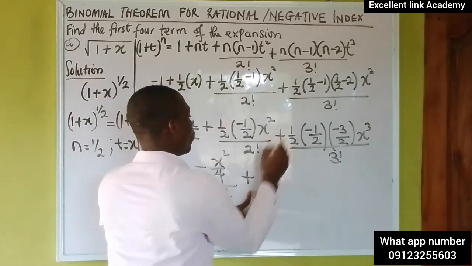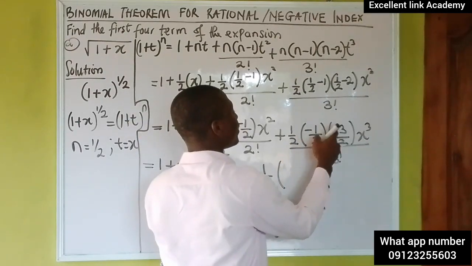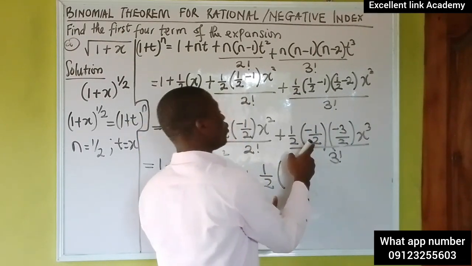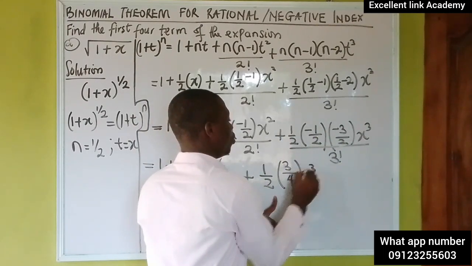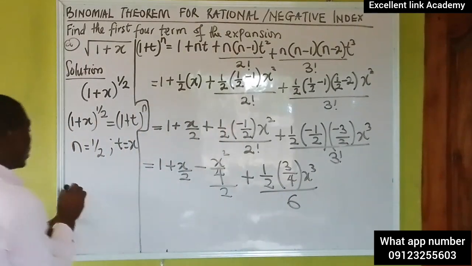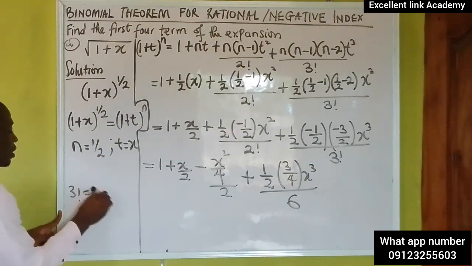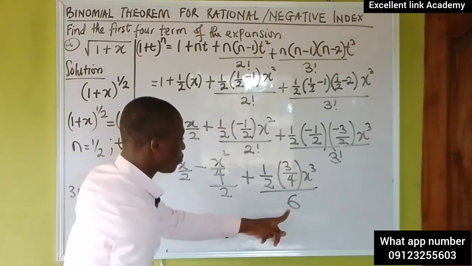Plus 1 over 2 into minus 1 times minus 3 becomes 3. 2 times 2 becomes 4. That becomes 3 over 4 x cubed over 6. We said 3 factorial is simply 3 times 2 times 1, that is 6. So I have 6 here.